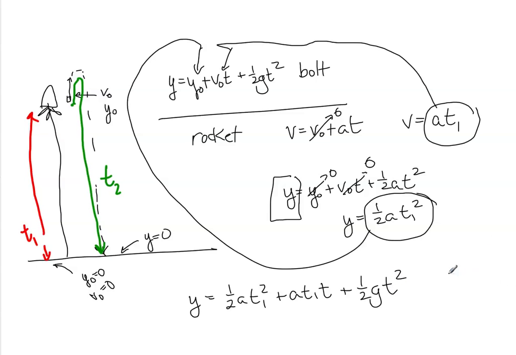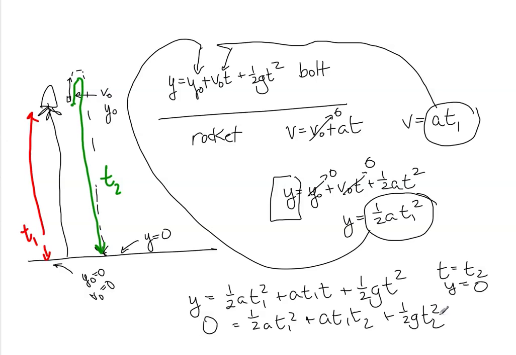Now, at t equal to t2, that's this place down here, y is going to be equal to 0. So that gives us 0 equals 1/2 a t1 squared plus a t1 t2 plus 1/2 g t2 squared.